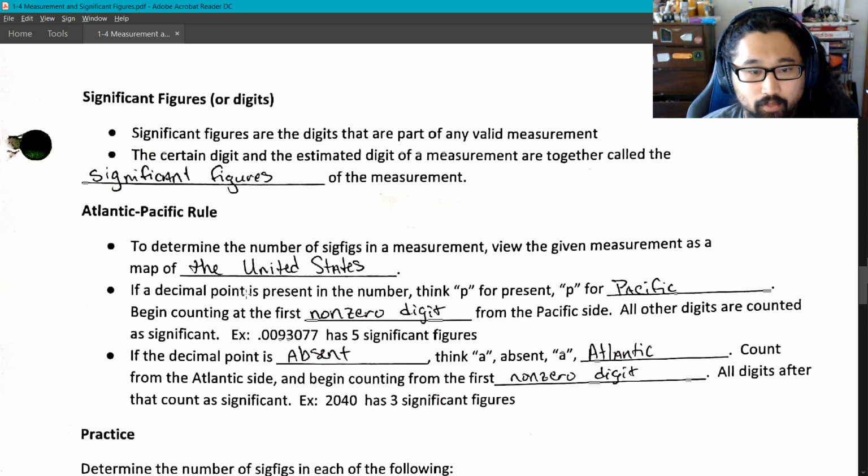If a decimal point is present, what we're going to do for this rule is take attendance. Is there a decimal point? So if there's a decimal point present, think P for present, P for Pacific. That's what this is here, Pacific, right? And then we start counting at the first non-zero digit from the Pacific side, and we count it and everything else.